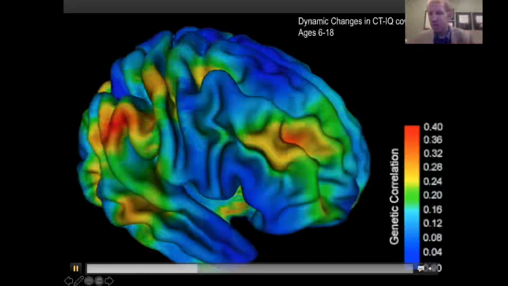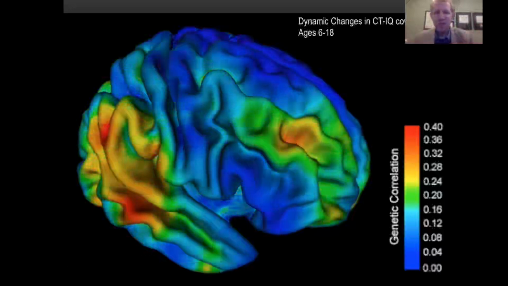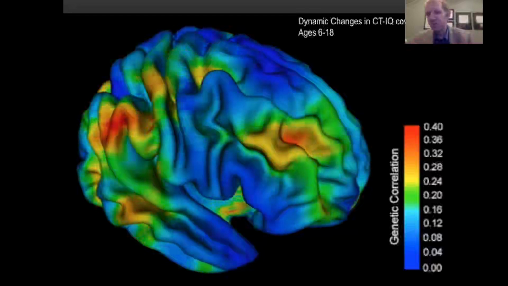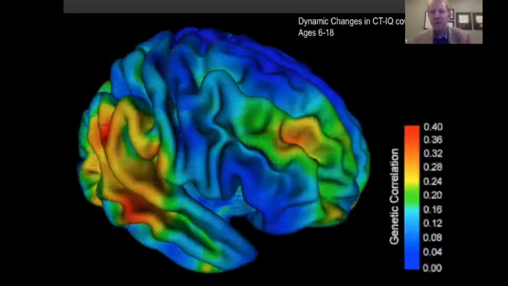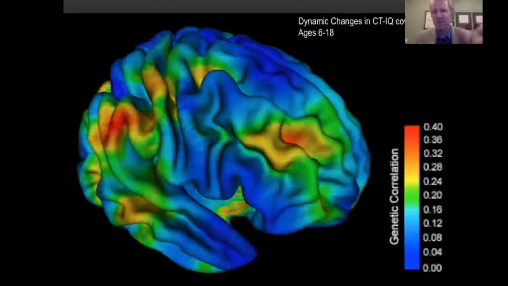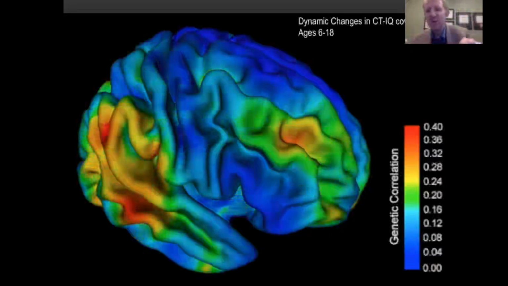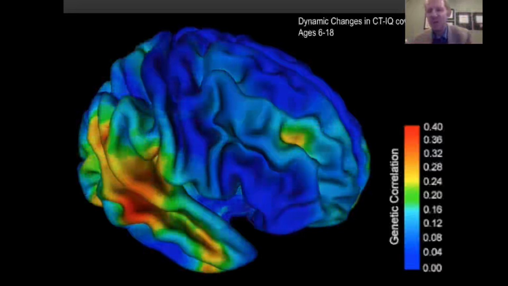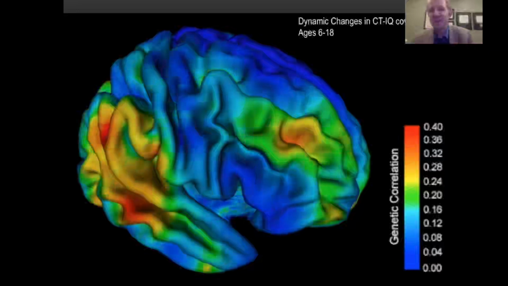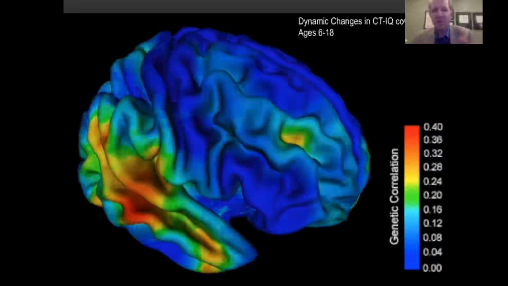You can see that it's very dynamic. There's a wave that changes over time, where depending on what time point you look at, you're going to see a stronger association. And in reality, probably what we're seeing here is a proxy. It's not like there's actually a migration of what parts of the brain are most associated with IQ, but more that the maturational change is related, and we're seeing it secondarily.